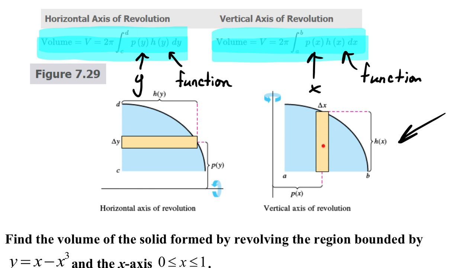If your representative rectangle is vertical, then you'll integrate left to right. P of x will be x, the distance from the axis of revolution to the middle of your rectangle. And then h of x is your function that'll be given in the problem. That'll be the height of the rectangle.